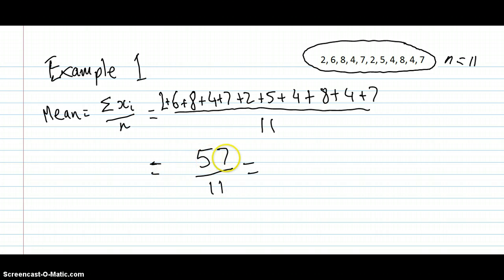All of that comes to 57, then divided by 11, and that comes to 5.18. So 5.18 is the mean. I've given it to 2 decimal places. As a general rule, answers should be to 2 decimal places unless another kind of answer is asked for.